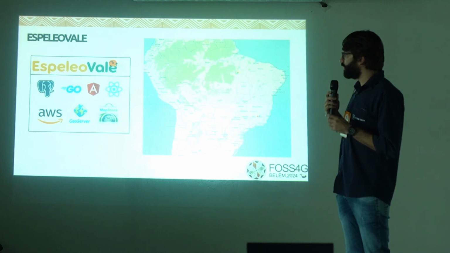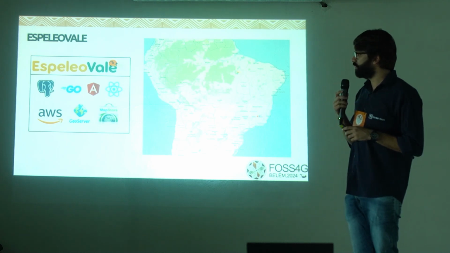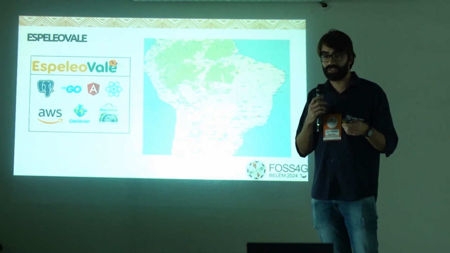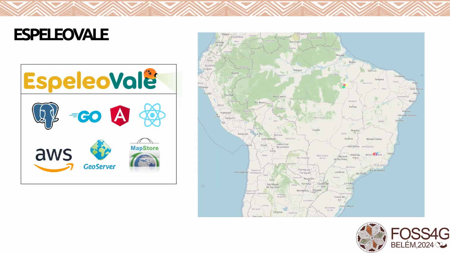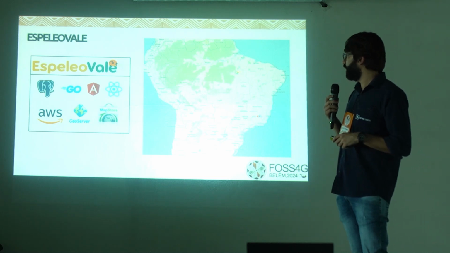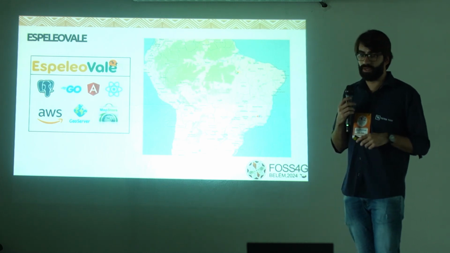With that database, we are able to publish through GeoServer. So now we have geoservices that can be used and seen with a web application, which is MapStore here, also developed by GeoSolutions.